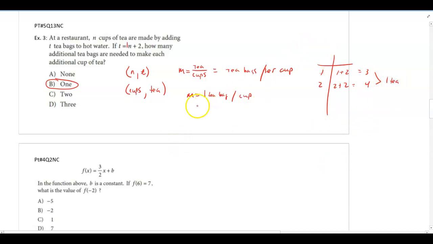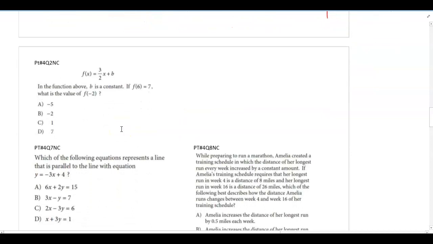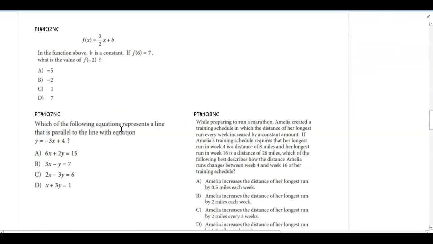All right. The next one. In the function above, b is a constant. If f of 6 equals 7, what is the value of f of negative 2? In order to evaluate f of negative 2, I first have to find b. Well, remember, f of x is the same as y equals a number. So in this case, our input value x is 6.